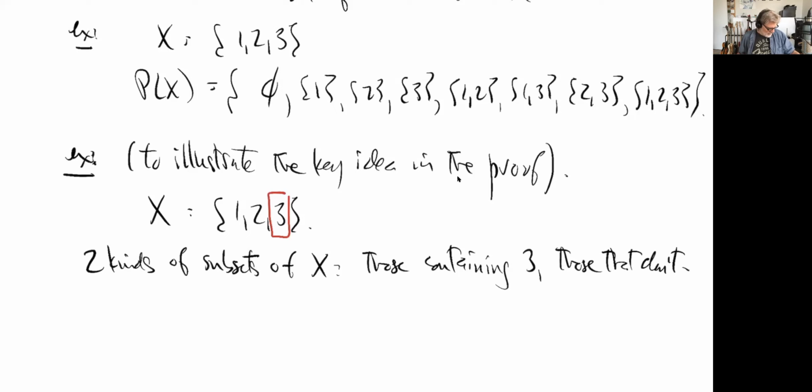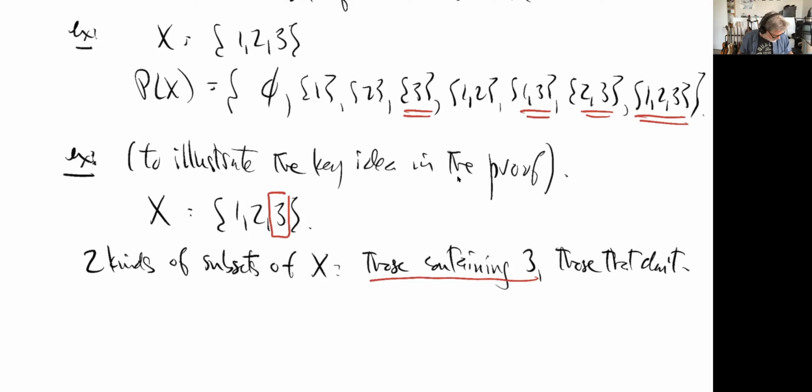Okay, so let's look at those over here. These are the subsets that contain 3, and then you have those that do not. Now let's compare these two kinds of sets, and you'll see a pattern, and that's the whole idea behind our proof.